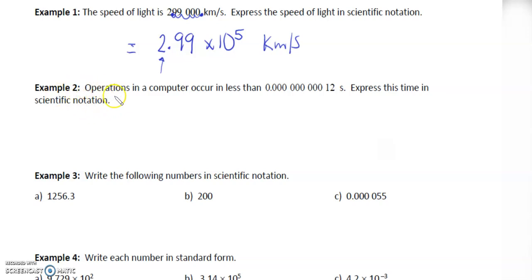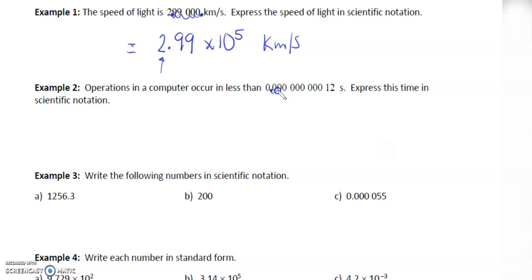Okay, example 2. Operations in a computer occur in less than 0.000000012 seconds. Express this time in scientific notation. So this is the original decimal. We're going to move it so that we have one number in front of the decimal.